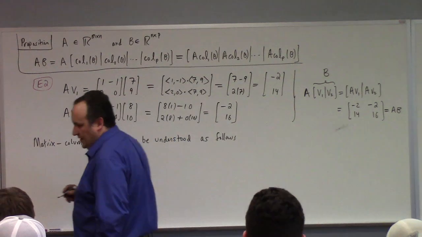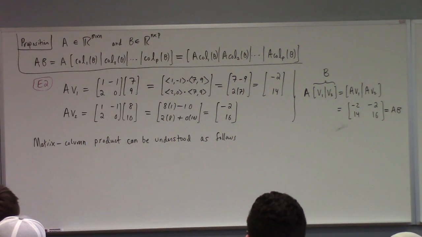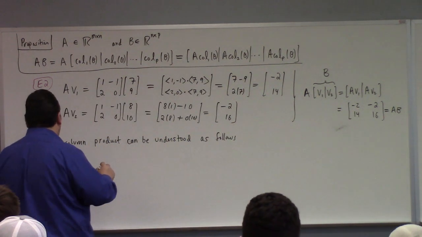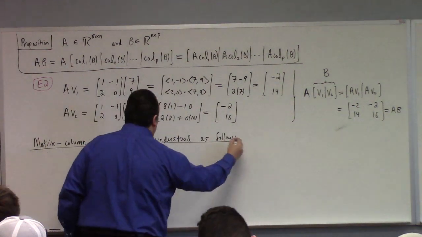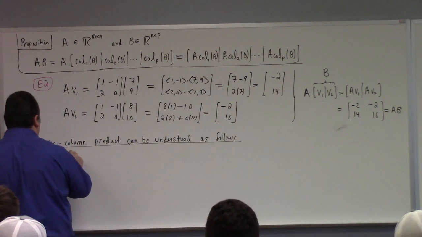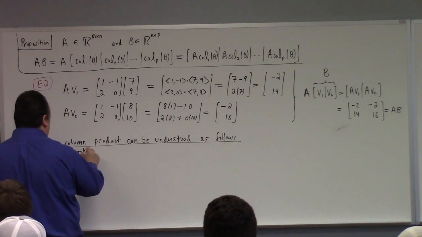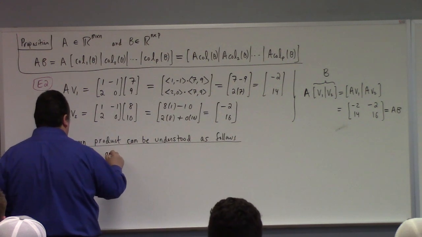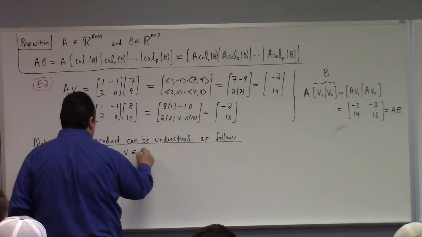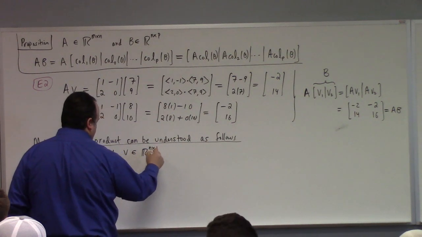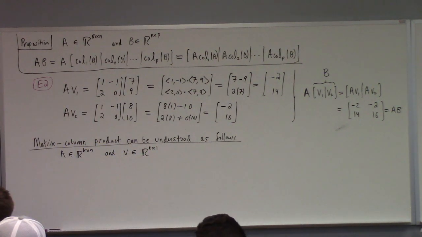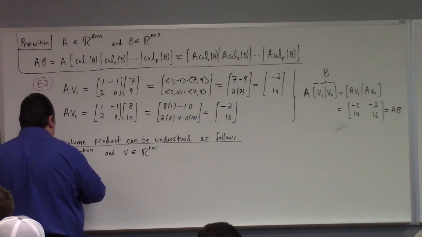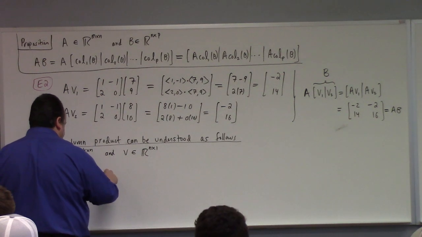Suppose I've got a matrix A in R^(k by n) and V in R^(n by 1). That's to say that V is a column vector, all right? So we have A times V, right?